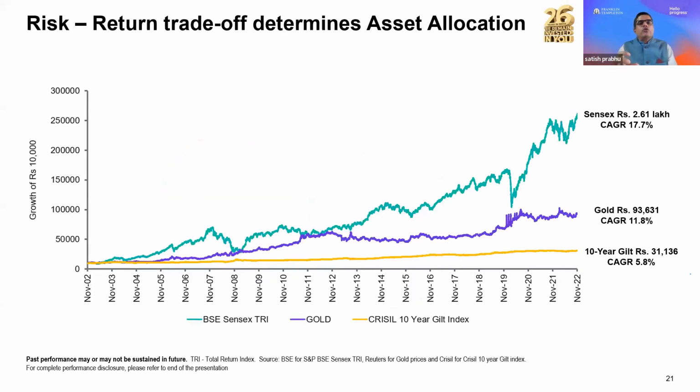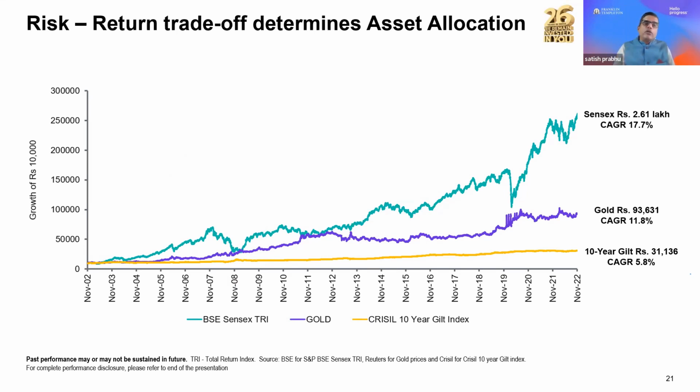Now, I spoke to you about risk and returns. Here you have the three famous asset classes: equity, debt, and gold. Let me first talk about risk. While equity has given you higher returns, you can see that it has fluctuated the most.